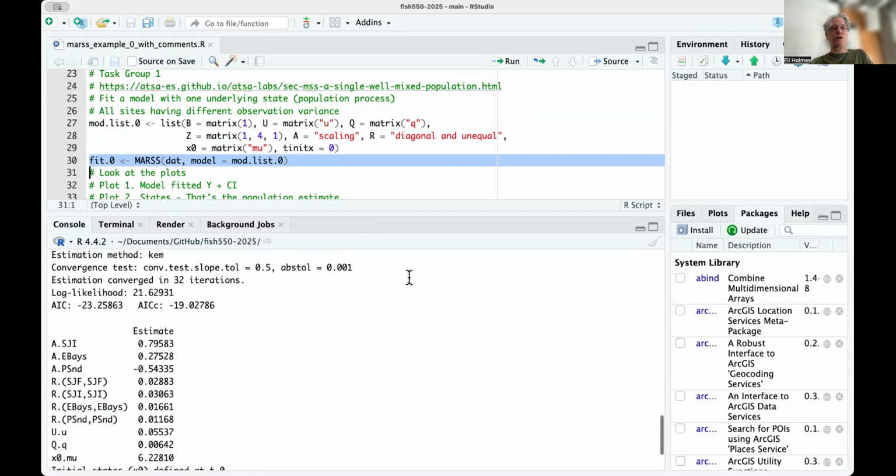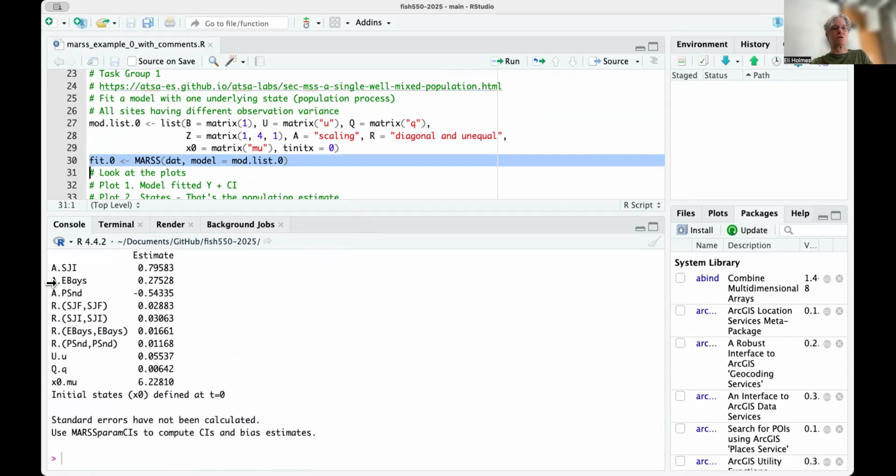So it fit it, and it gave us our estimates. These are the scaling parameters. I'm not going to care about those. And these are the different R variances. You can see the Strait of Juan de Fuca and the San Juan Islands are kind of similar. And then the inland region is a little bit less variable.